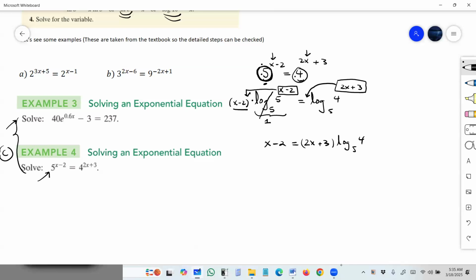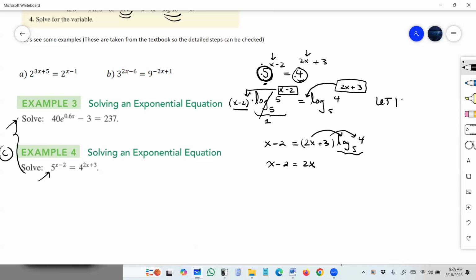So now I have to distribute this expression right here. I have 2x, and I'm going to have to figure out what this thing is in a minute. But I don't want to be dealing with this ugly looking expression. So I'm going to do this.